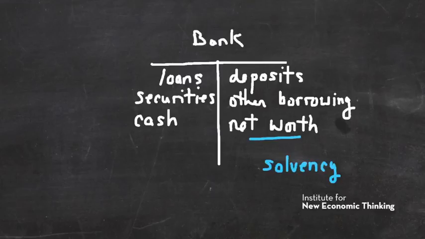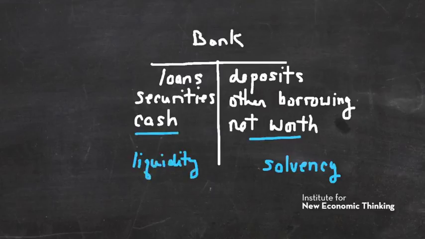But in this course, we're going to focus most attention actually on what is very specific about banking that makes them different from other corporations, okay, which is the issue of liquidity. Okay, and that's here, cash reserves.